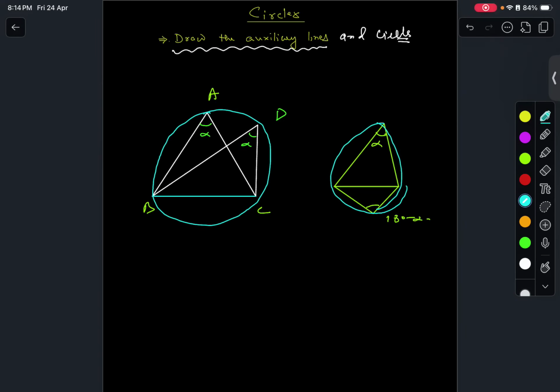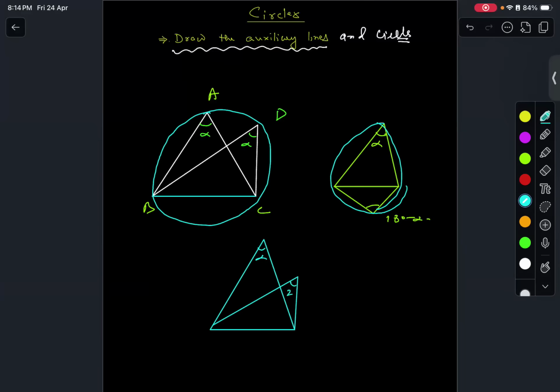This is the circle, right? The sum of the opposite angles will be 180 degree, when it is given with the same chord. These all things you have to remember. One of the triangles makes an angle alpha, and another point is there.